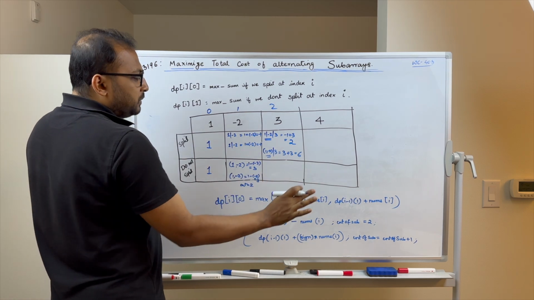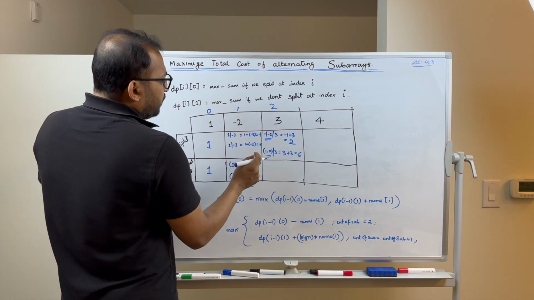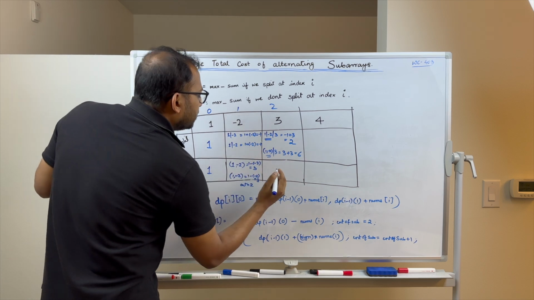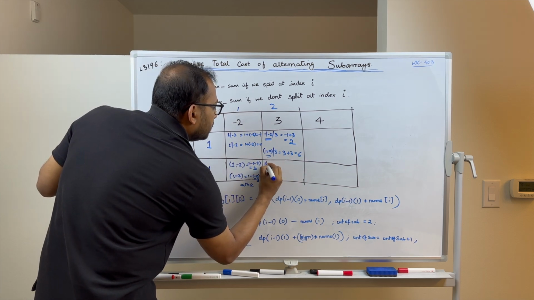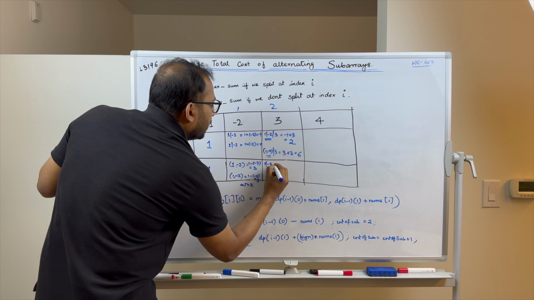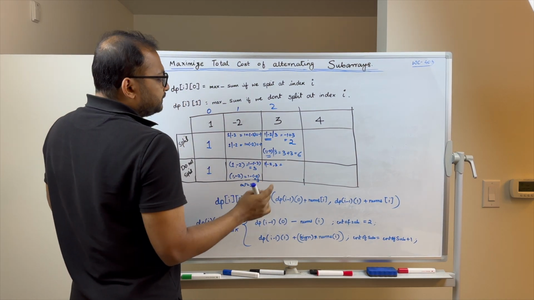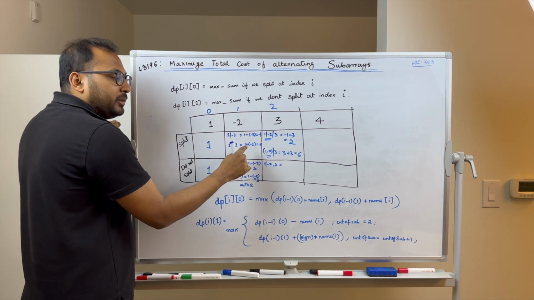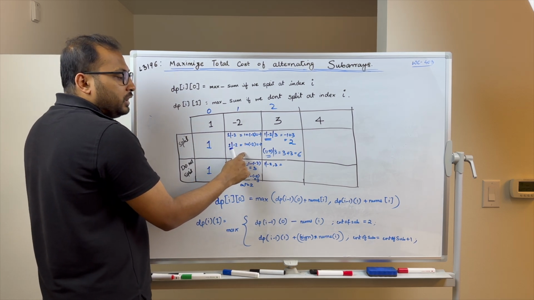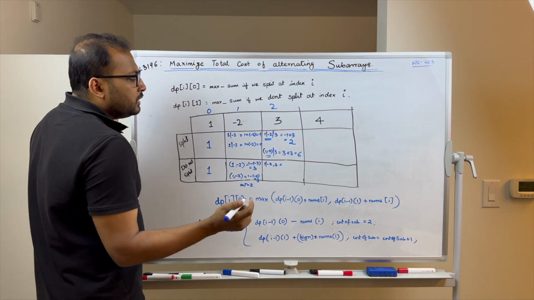So we do not do any split here, which means either we take this one, so we have 1 minus 2 and we get 3, and we already know this gives us the sum where we have already performed a split. That means it already has one element in the subarray. So what will be the sum?